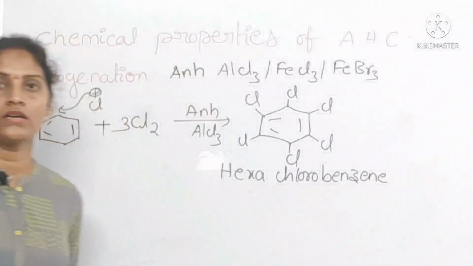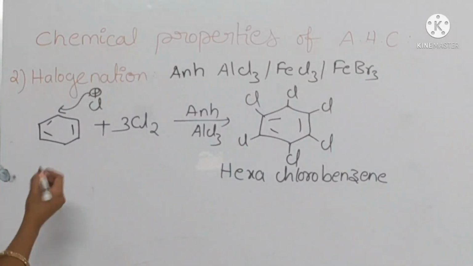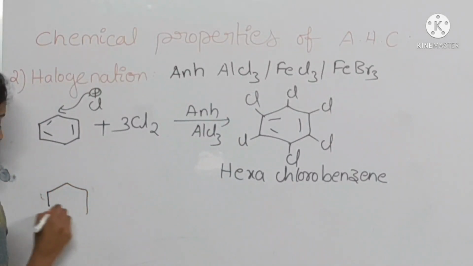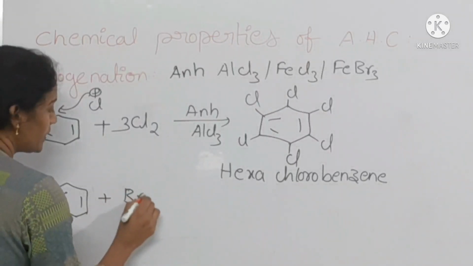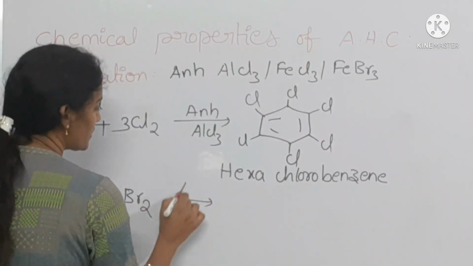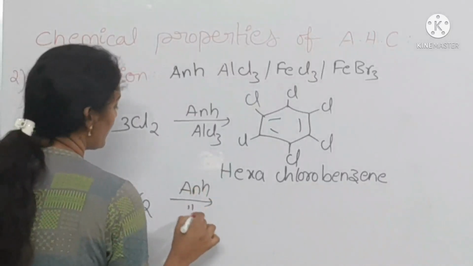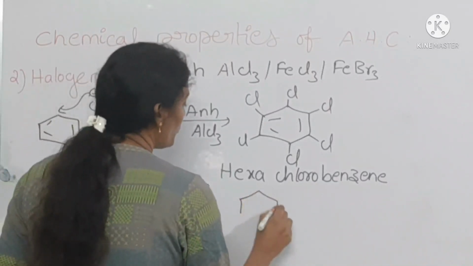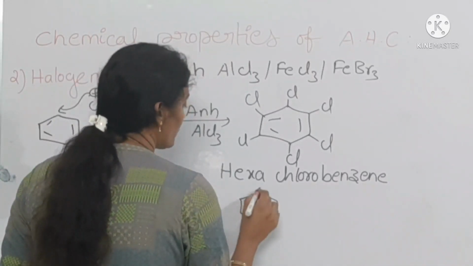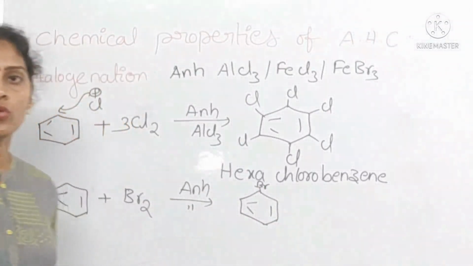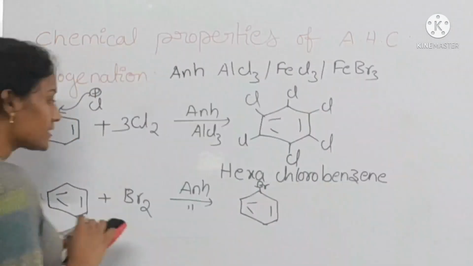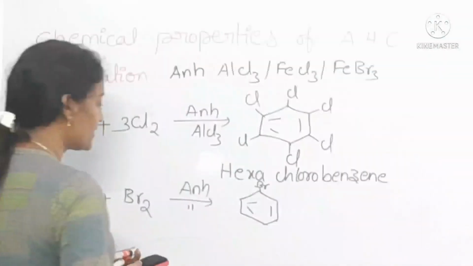This is the hexachlorobenzene. If bromine is there instead of chlorine, what happens? Bromination with anhydrous AlCl3, then bromobenzene will be formed. This is the bromobenzene. If excess bromine is there, what happens, students?